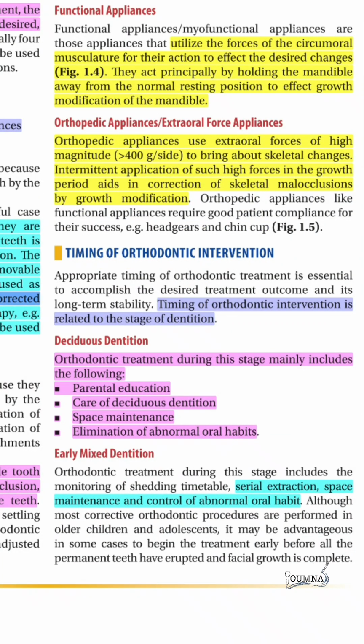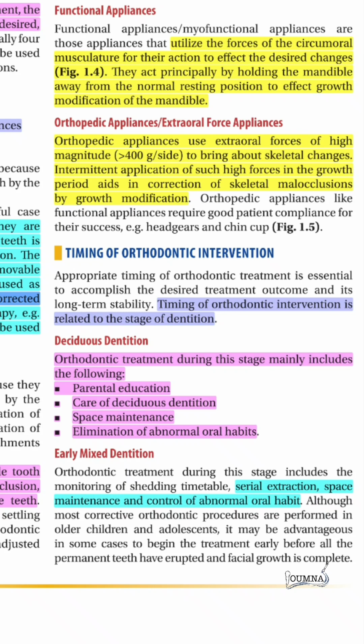Functional appliances utilize the forces of the circumoral musculature for their action, and they hold the mandible away from the normal resting position to affect the growth modification of the mandible.